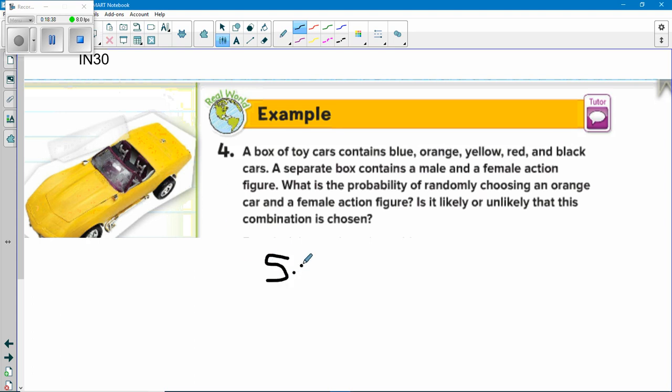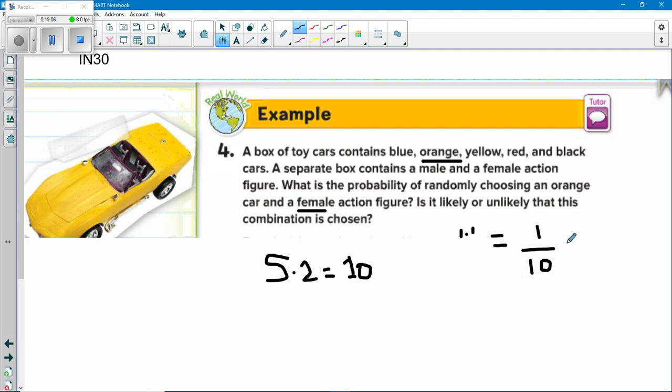How many different action figures? 2. So that's going to be 10. Alright, and now, how many ways can you pick an orange car, one way, and a female action figure, one way? So you get 1 times 1 is 1 out of 10.